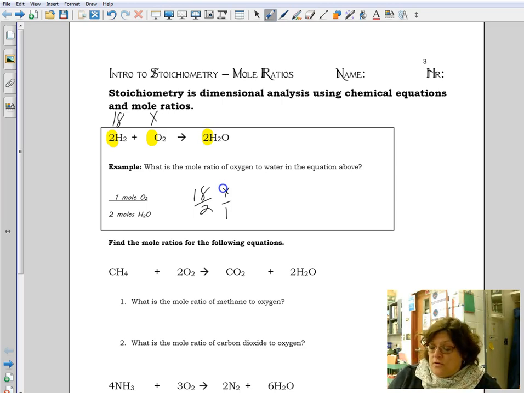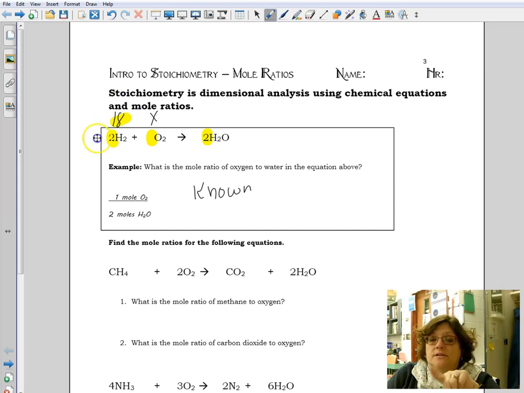In order to do that, we're going to use a special setup. We're going to talk about our known. That's what's given, and in this discussion, 18 would be our known. And we're going to talk about our unknown, which is what we're solving for. And we're going to multiply that known times the ratio.